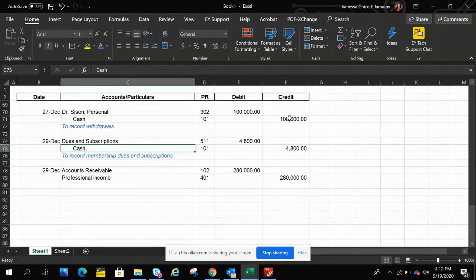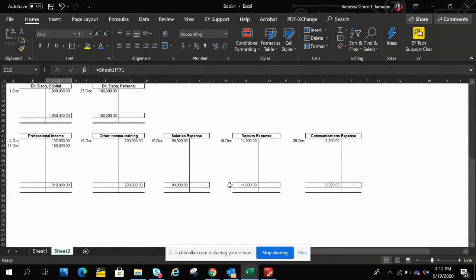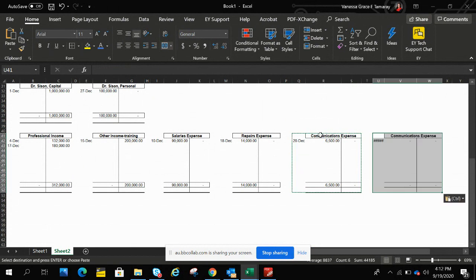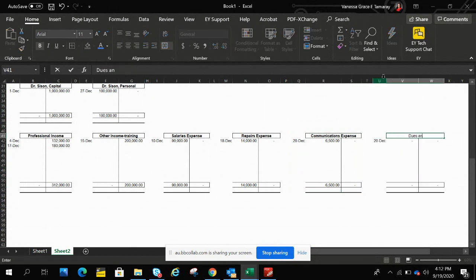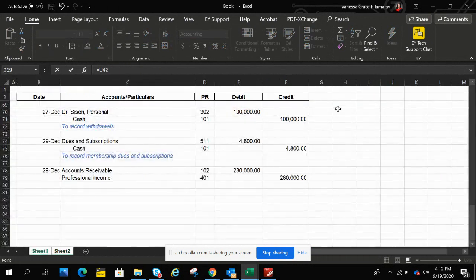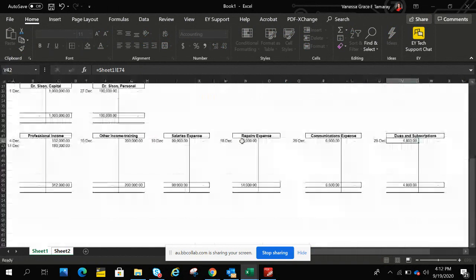Last two pala. So we have dues and subscriptions. This is expense. So hanapin natin. Meron na ba tayong expense? Wala pa. We have 29, expense, 4,800.